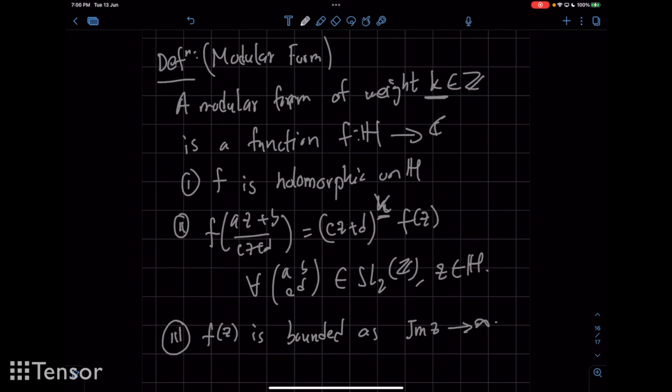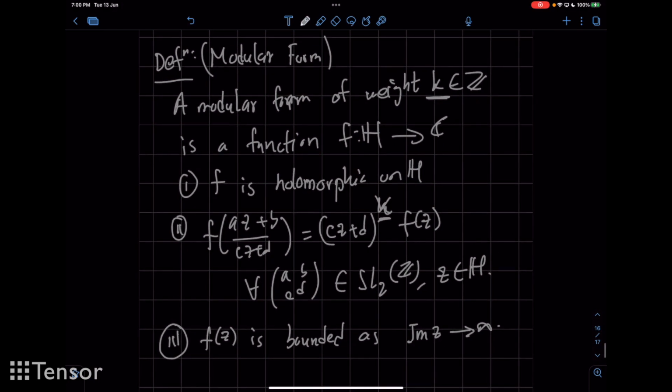That needs to be proven, so we shall prove it. There is also some active research ongoing about modular forms of half-integer weights. I don't know much about half-integer weights, but yes.